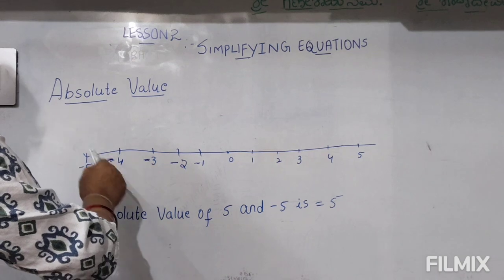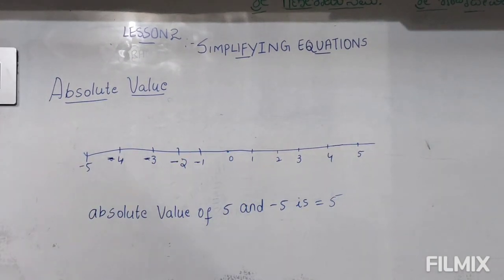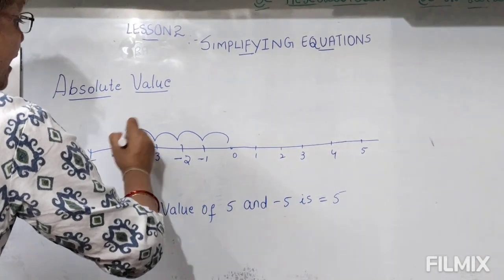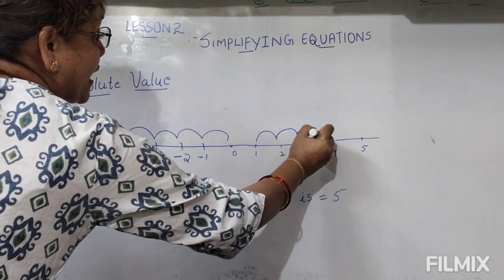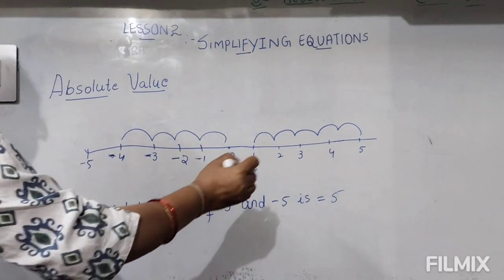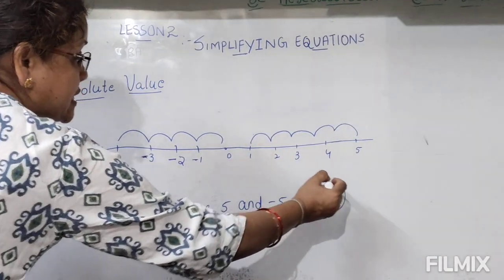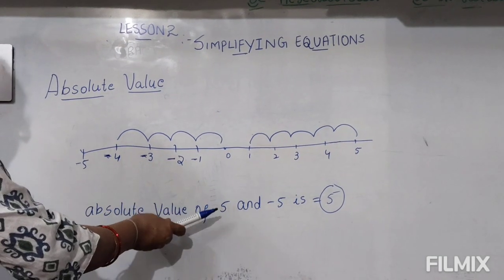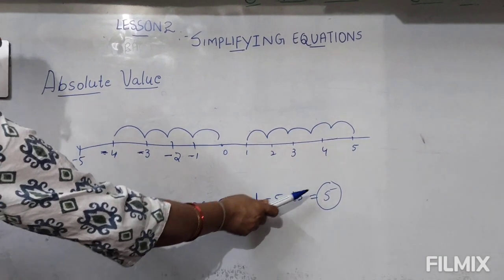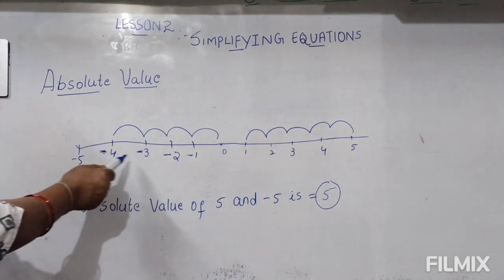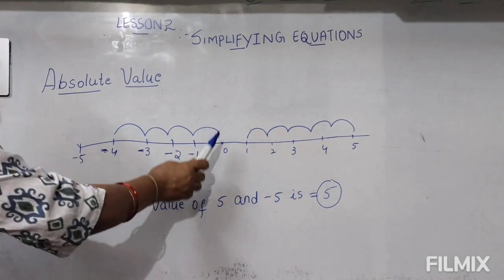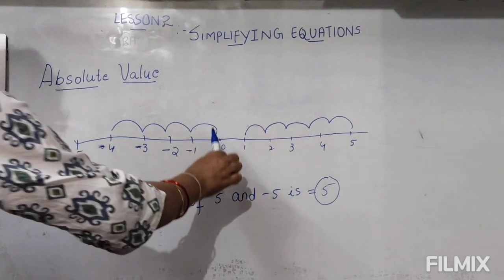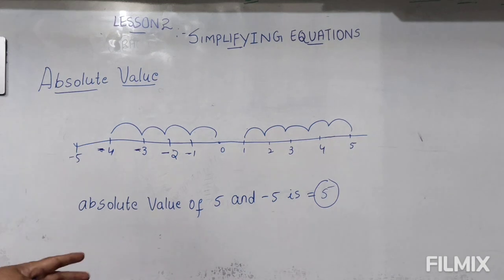Without considering the direction from 0 means either it goes this way or this way, the answer you have to consider as a positive value. So the absolute value of 5 and minus 5 is 5. Either way, the distance between 0 and minus 5, we should take as plus 5 itself. 0 and 5, we should take as plus 5 itself.